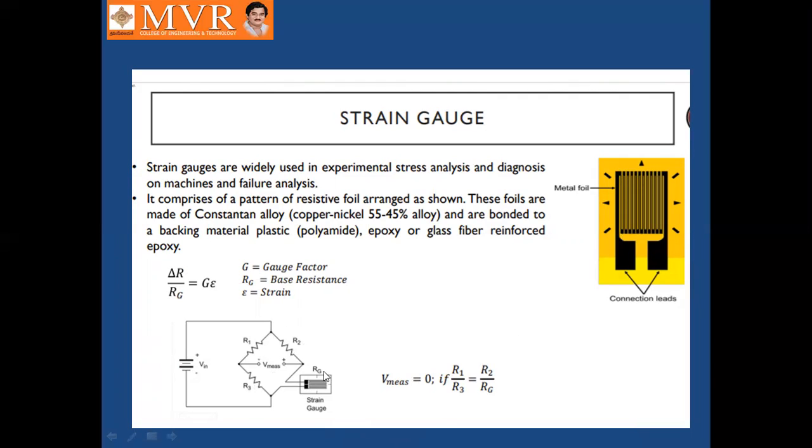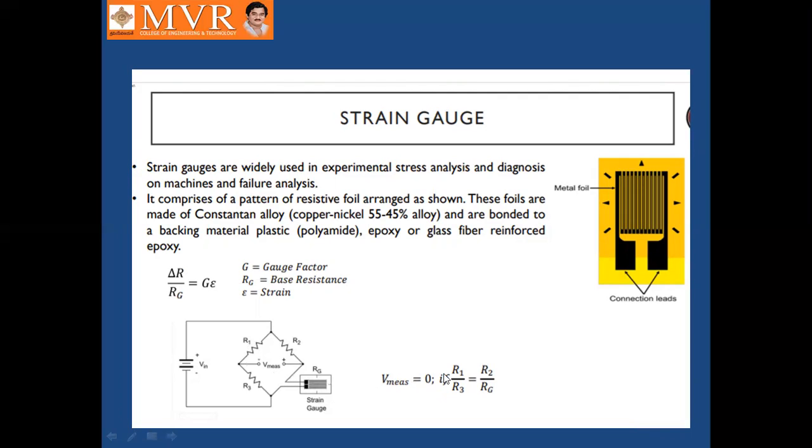Due to the change in voltage, the Wheatstone bridge balances this change. So by knowing every other resistance, we can calculate the unknown RG value. V mean is nothing but the mean voltage.